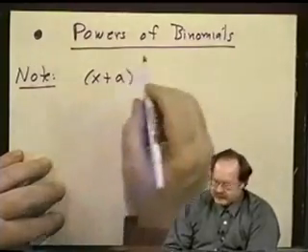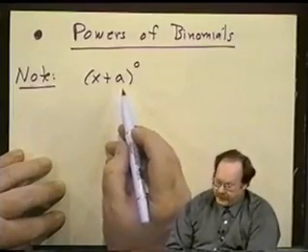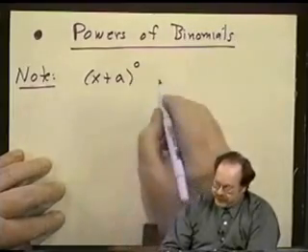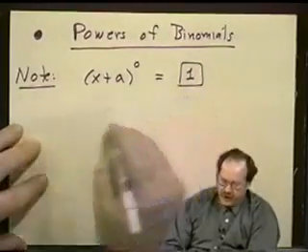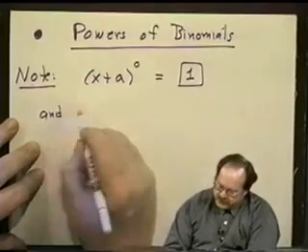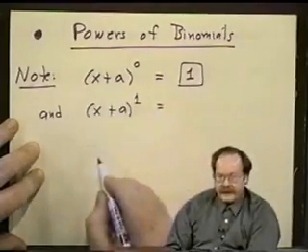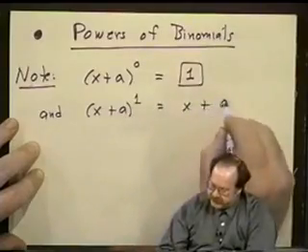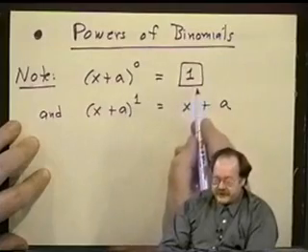Notice if you take x plus a to the 0 power, and I'll assume that x and a are not 0. Take something here that's non-zero to the 0 power. What do you get? You get 1, of course. All right. If you also look at another trivial case, x plus a to the 1 power, what do you get? Well, you just get plain x plus a. Now, I put a square box around the 1 up here.